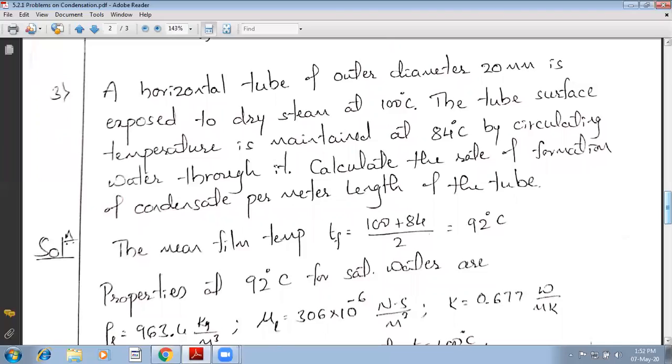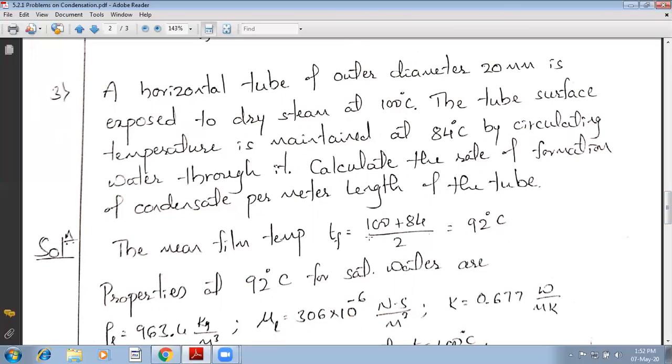In this problem, the values for different properties are not given. In such a case, you need to get the values at film temperature, and the film temperature is calculated as (Tv plus Ts) divided by 2, the average of vapor temperature and surface temperature.